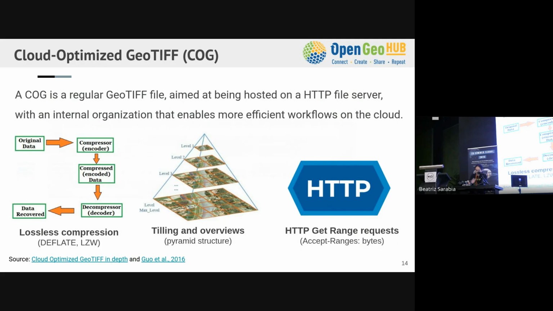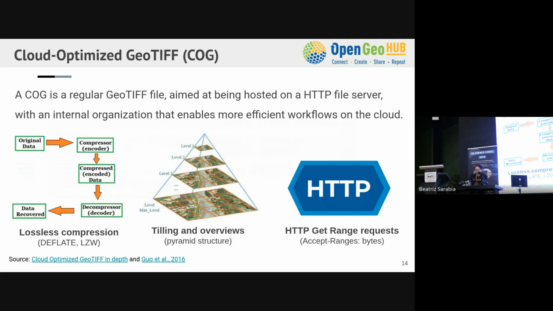We have three things for the cloud optimized GeoTIFF. First, we need a compression algorithm to reduce the data size, so it will be easy to host and transport the data over the internet. Imagine you have 100 gigabytes of data to transport: it's faster to transport 50 gigabytes instead of 100. So this is how compression works when you move the data around.